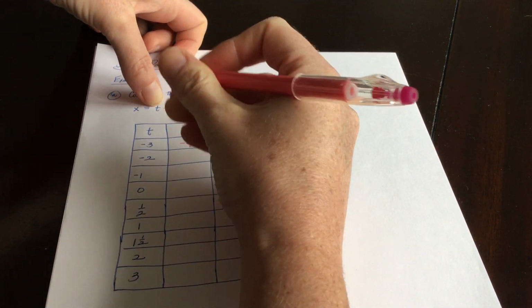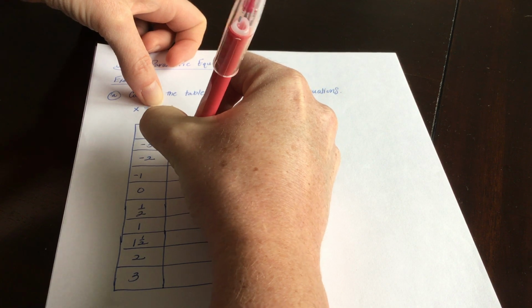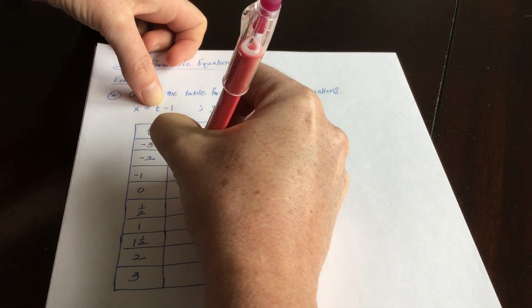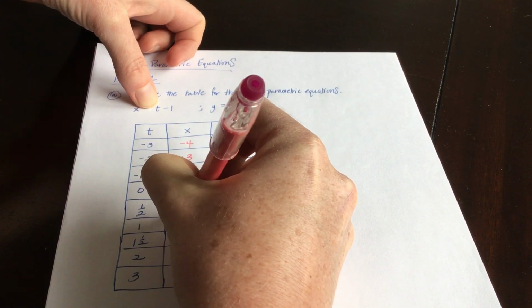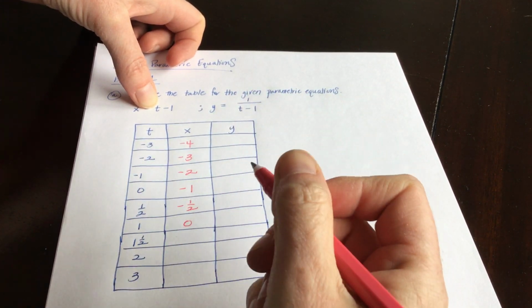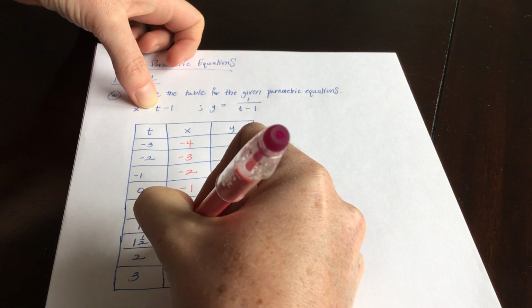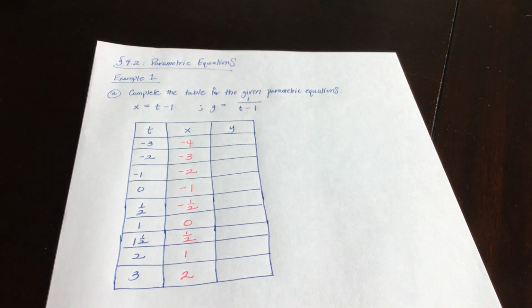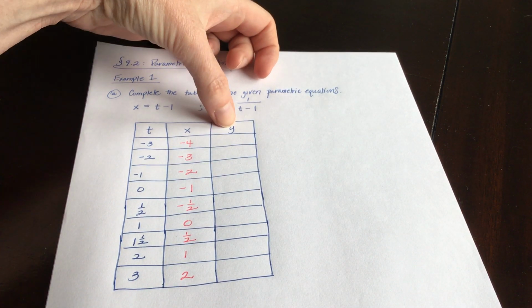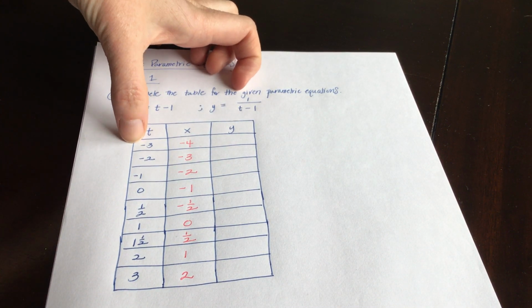Now for -2, -2 minus 1, -1 minus 1, 0 minus 1, 1/2 minus 1, 1 minus 1, 1.5 minus 1, 2 minus 1, and 3 minus 1.